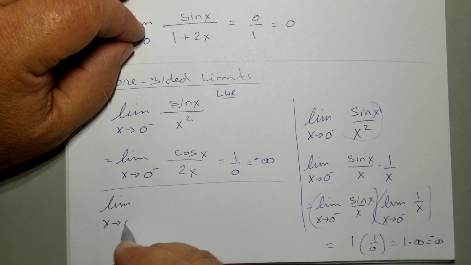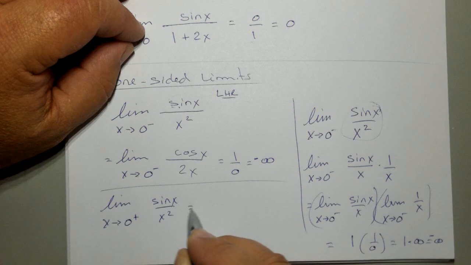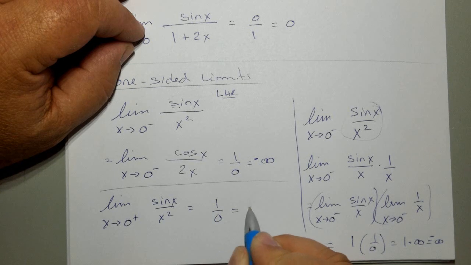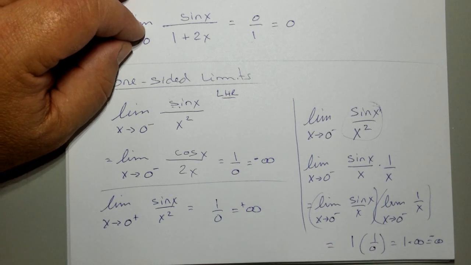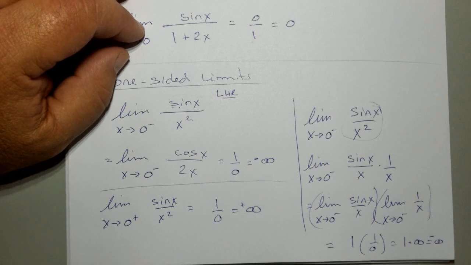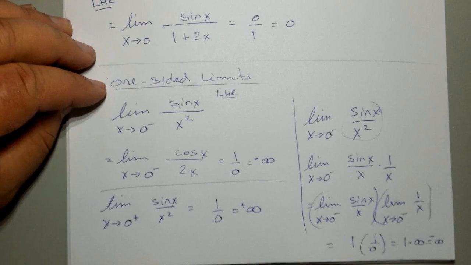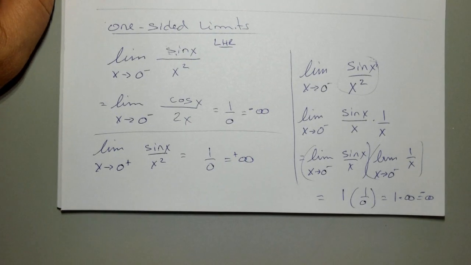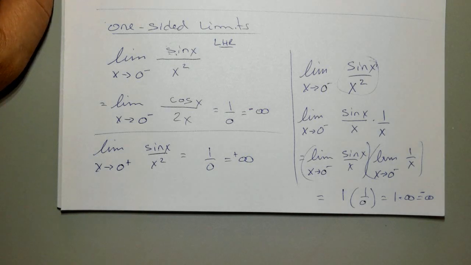If we were approaching 0 from the right, after L'Hopital's rule, we would get 1 over 0, but it would be a positive infinity because we're coming from the right. If you do one-sided limits, you have to be very careful on what sides you're approaching it from.